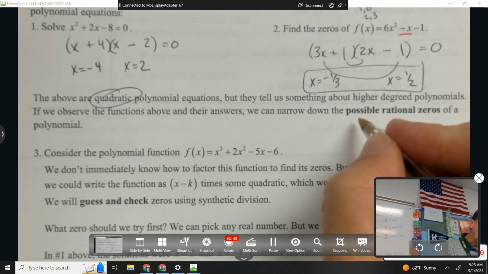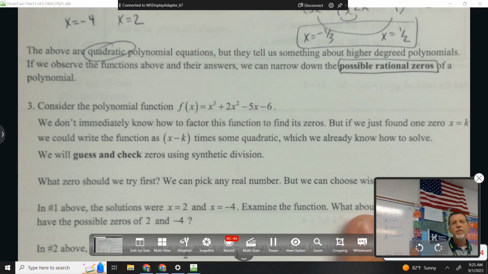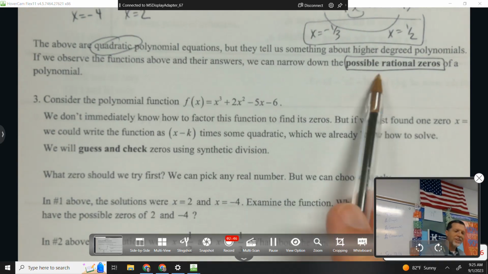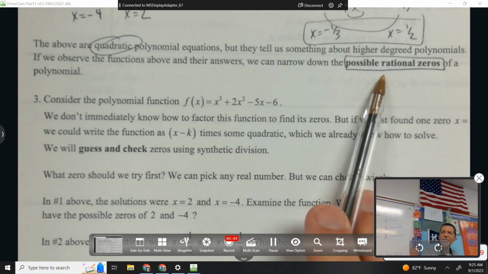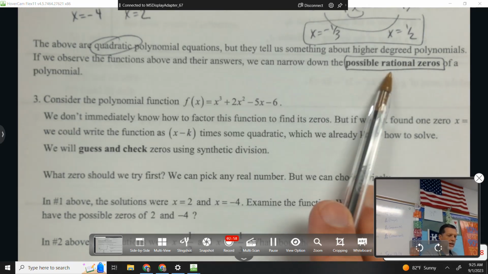And there's a way to get the possible rational zeros. Which, I don't know, when we teach this, it's like, well, is that helpful? Because I want to know what the zeros are. I don't care what the possible ones are. But this at least narrows down your guesses when it comes time to get the zeros.